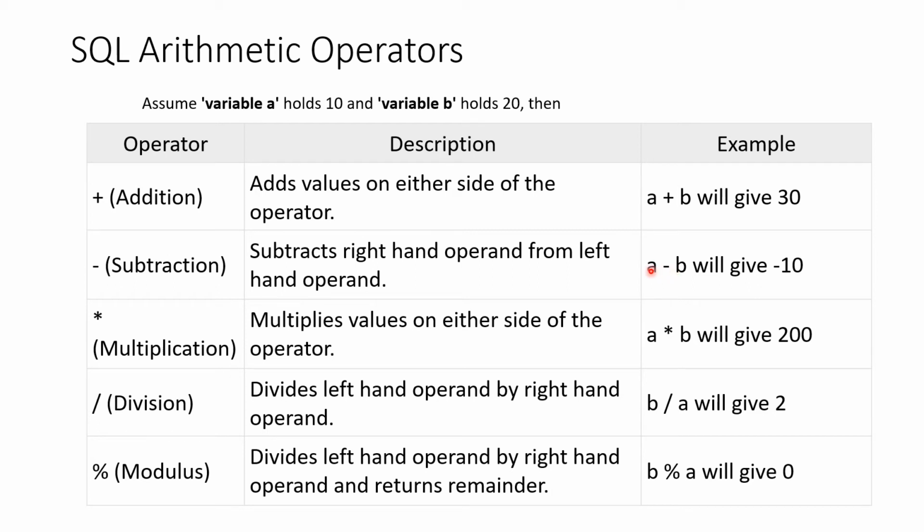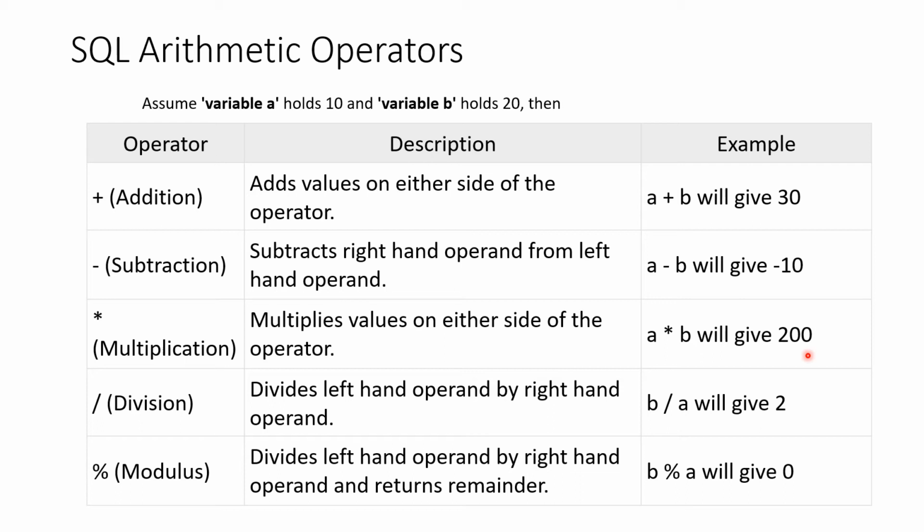So when we do the subtraction, the result will come with a negative sign. Then third is multiplication. The values of both operands will be multiplied, that is a into b. So the value will come as 200.